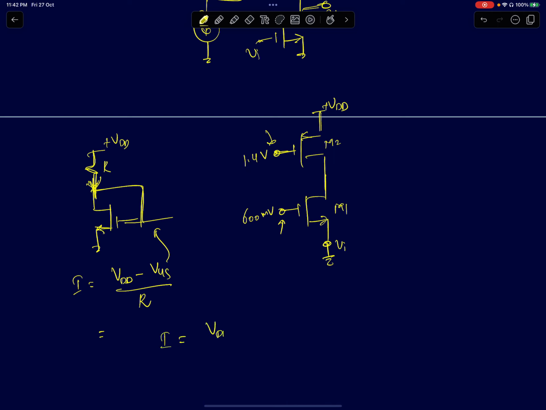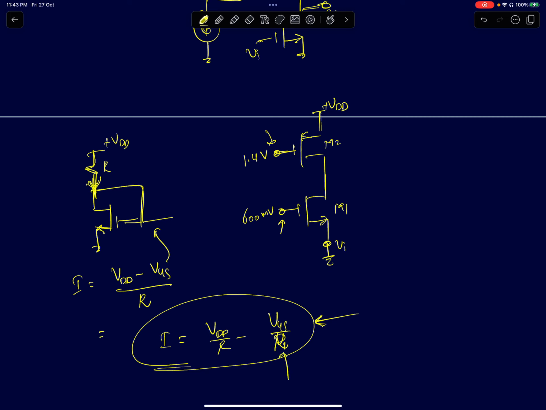You get VDD by R minus VGS by R, where VGS is again VTN plus root of 2I by beta n, where beta n is mu n Cox W by L. This equation has to be solved numerically to find the right value of the resistor and W by L of the NMOS, so that you get this to be 600 millivolts.